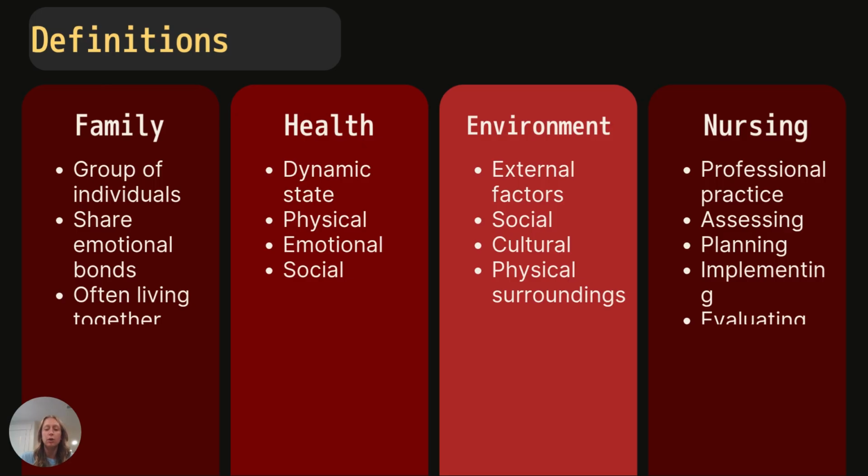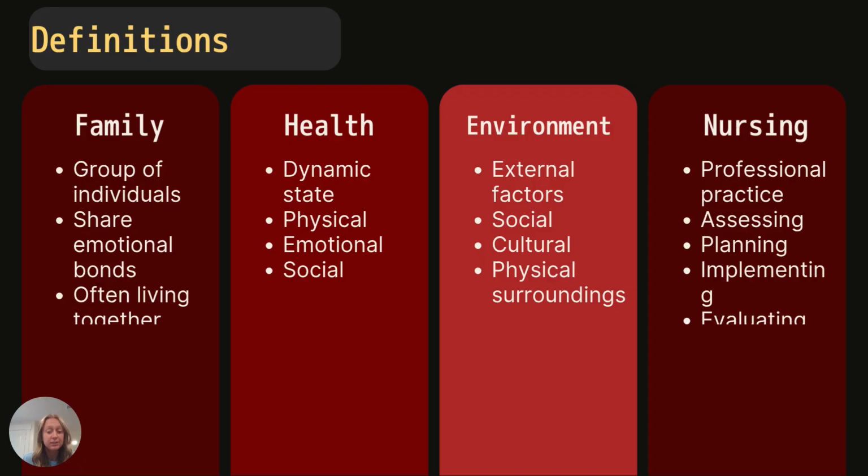So, how does her model define family, health, environment, and nursing? First, family is a group of individuals who share emotional bonds and responsibilities, often living together and supporting each other or living off of one another. She defines health as a dynamic state of well being that encompasses physical, emotional, and social aspects influenced by individuals and all of their collective behaviors.